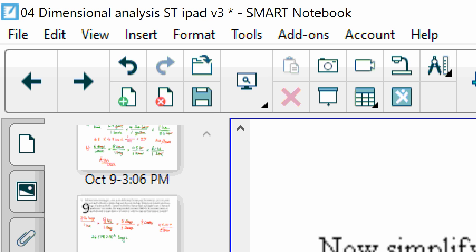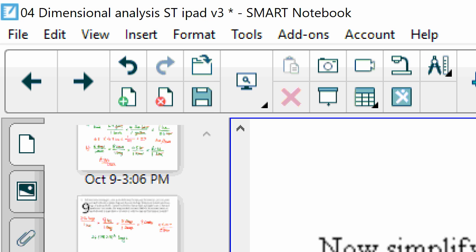So we've got minus 3, a 1, and a 1. Minus 3 plus 2 becomes L to the minus 1. Again, that's now the same as the others. All three have got the same units.